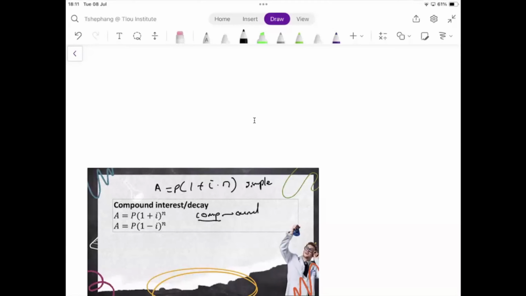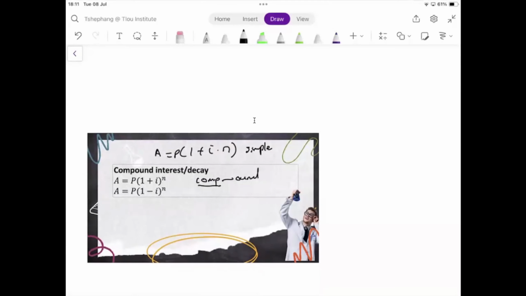Now A, P, i, and n still mean exactly the same thing, except now you're dealing with compound interest where the periods are not the same. With simple interest, you were dealing with it on an annual basis. With compound interest, it could be daily, monthly, or weekly.